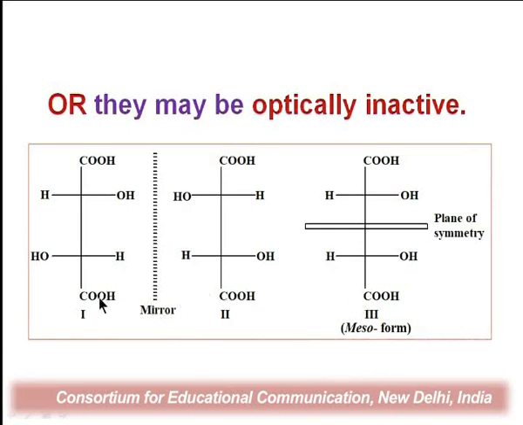When I compare 1 to 3, the orientation at the second carbon in the molecule is the same, but at the third it is different. Similarly, when we compare 2 to 3, the configuration around one chiral carbon is different, whereas at the other it is the same. So 1 and 3, and 2 and 3, are diastereomers.